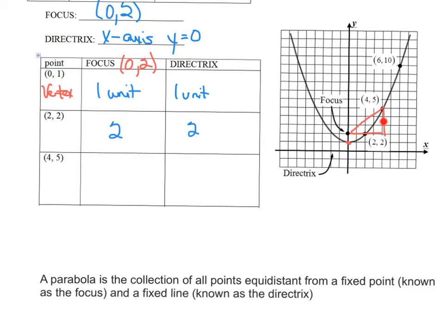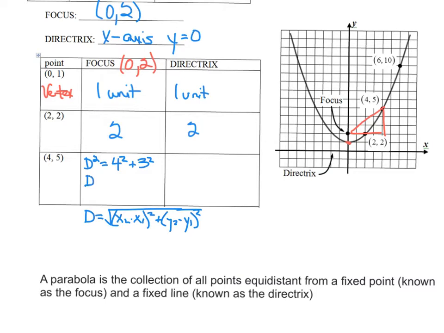I see that the vertical distance is 3. So using the Pythagorean theorem, I can say that the distance squared is equal to 4 squared plus 3 squared. I could just as easily have used my distance formula, being the square root of x2 minus x1 squared plus y2 minus y1 squared. So whichever way you feel more comfortable finding that distance.